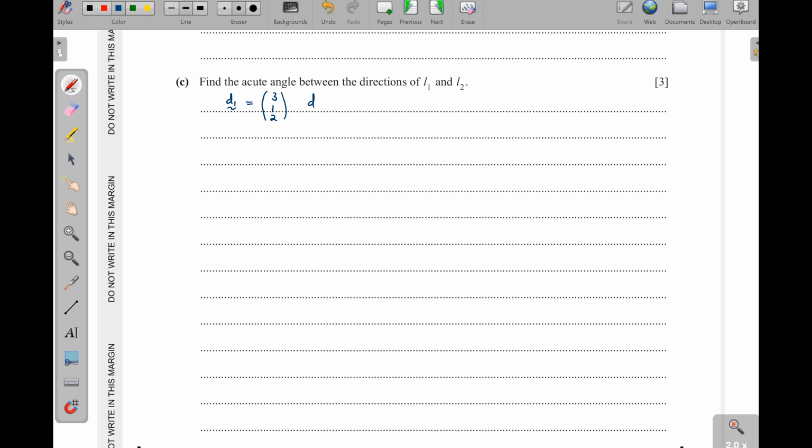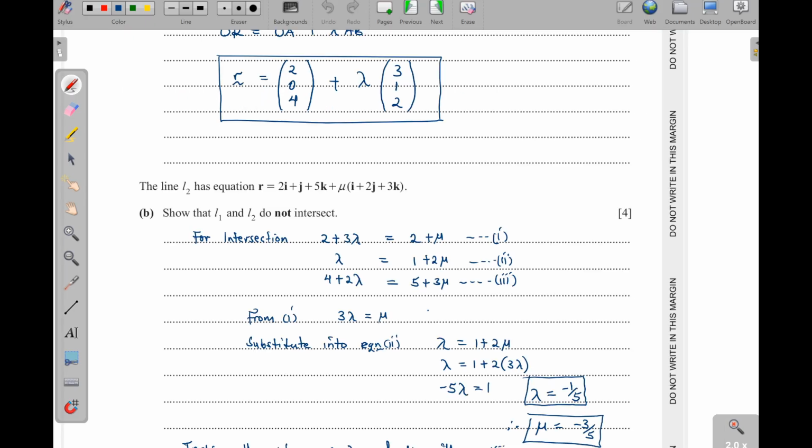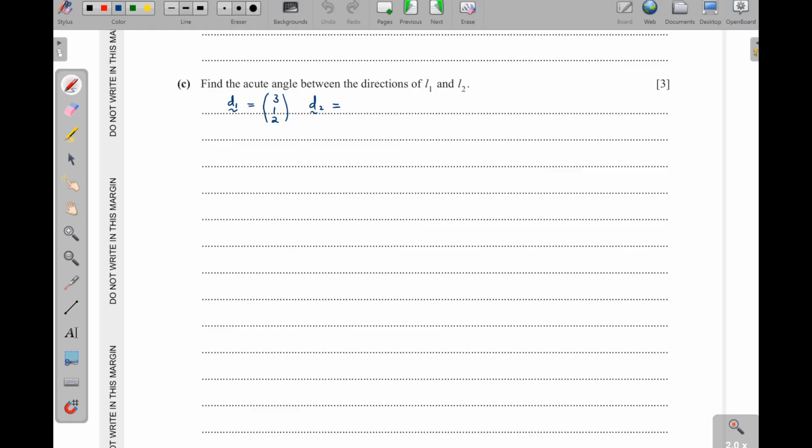And then D2 is the directional vector of L2. That one is the one inside here, which is going to be 1, 2, 3. So using the scalar product, it is actually given in the list of formulae.